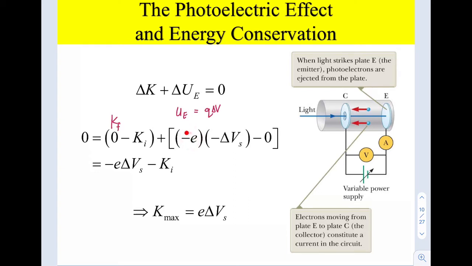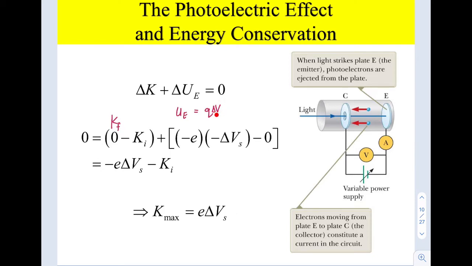For this case, our Q is the electron, negative e, times the voltage applied, negative delta Vs. This is the final, minus the initial, which is 0, because whenever there is no applied voltage, the photoelectron is not being ejected yet.